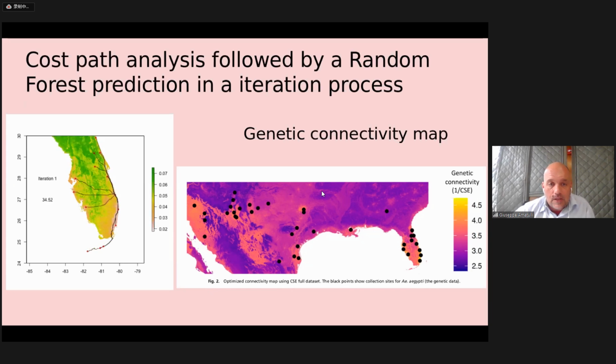And over here you can see the final map of genetic connectivity, where the mosquitoes have a really high level of connectivity, so they are genetically closer, and the so-called surface friction of the landscape. This was accomplished in more or less 3 years of work with the PhD student that I was supervising.